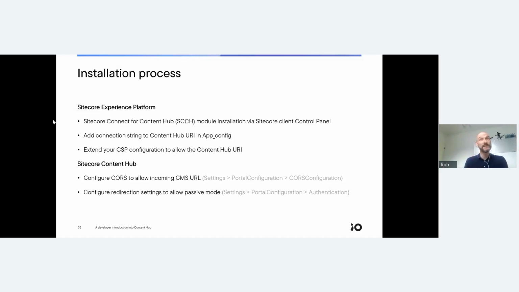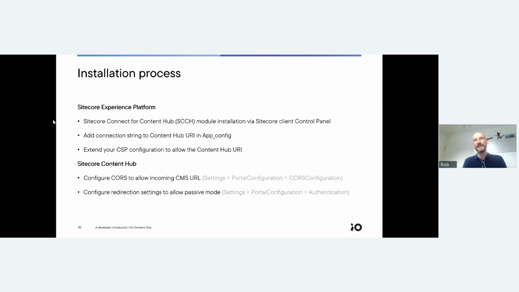Then on the side of Content Hub, actually, by the way, the documentation mixes up these points completely, but I like to have a clear overview of what to do on the Sitecore CMS side and what on Content Hub. In Content Hub, you need to configure your CORS to allow for the incoming CMS URL, so basically two-way traffic, and you need to configure your authentication or redirection settings to allow passive mode.